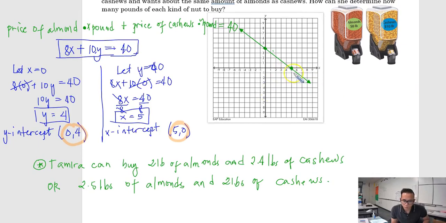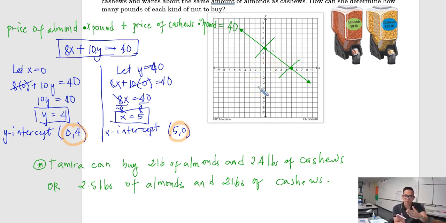Can I use 5? No, because these are your limit. If you get 5 pounds of your cashew, it will cost $40 already, so you don't have any almonds. That's the limit there.